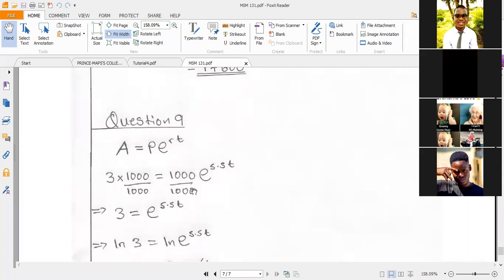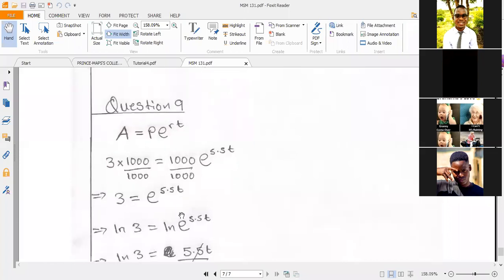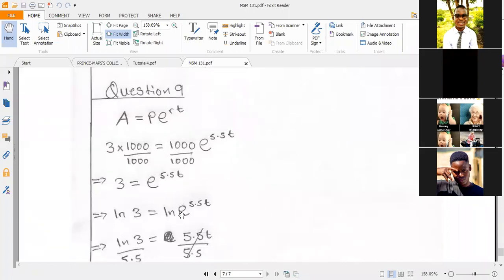We divide by 1,000, then we have 3 is equal to e to the power 5.5t. Then at this point, we can introduce ln. If we introduce ln on both sides, you notice that the ln and the e will cancel.